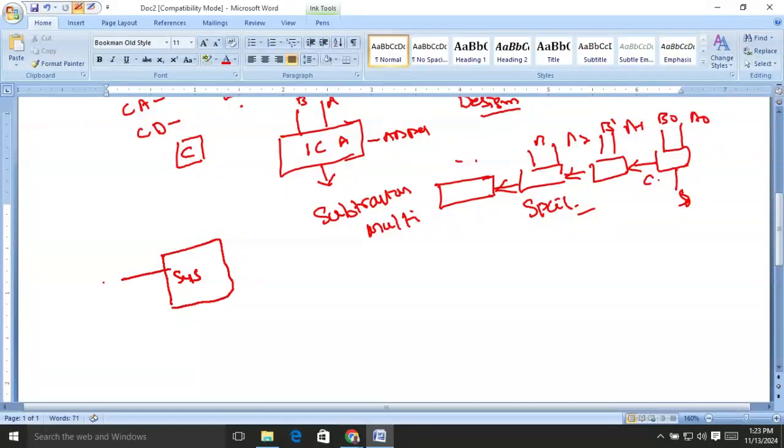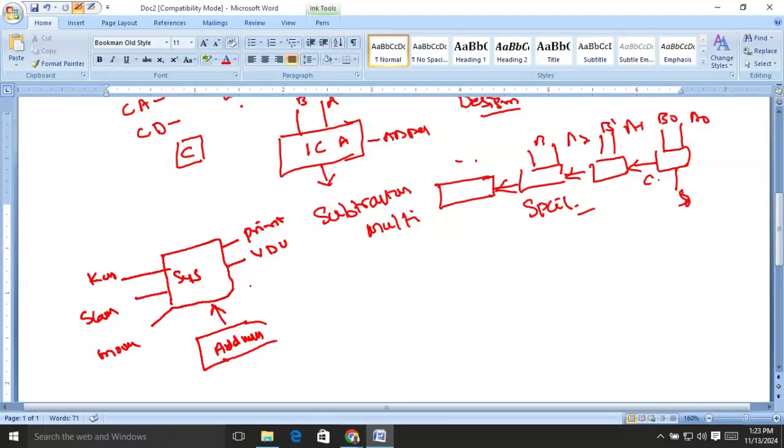Suppose we add one input device, the keyboard, another input device, the scanner, and one more input device, maybe the mouse. It also has one output device, the printer, and one more output device, the VDU, that is the monitor. Suppose we also attach some additional memory, or external hard disks. So how does the computer look to the user, and what functions will it perform?